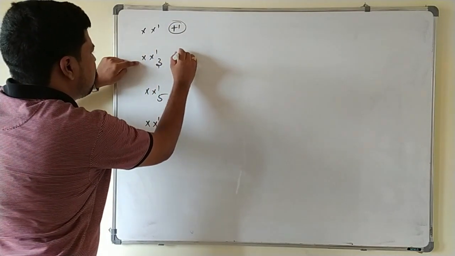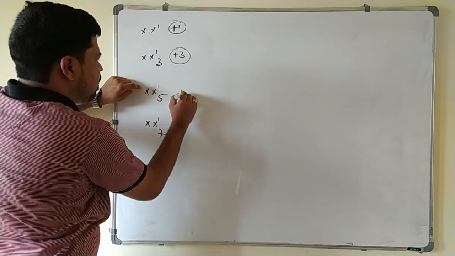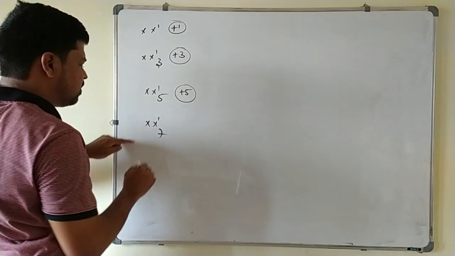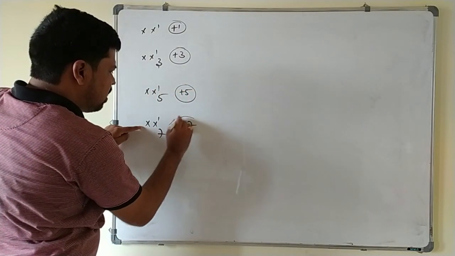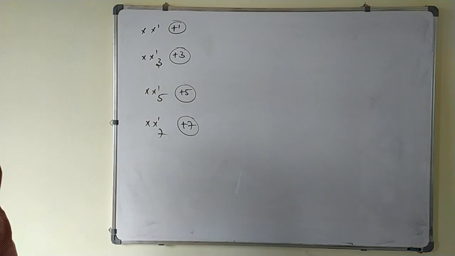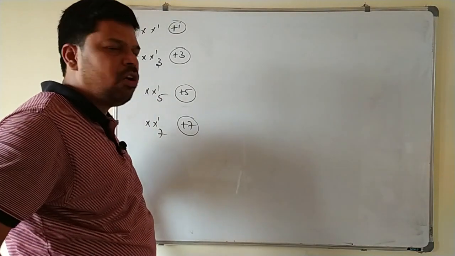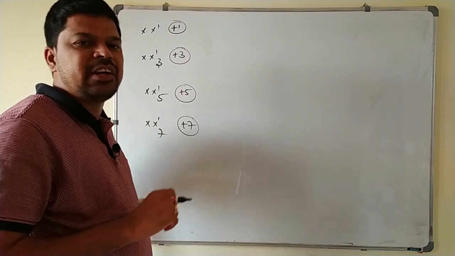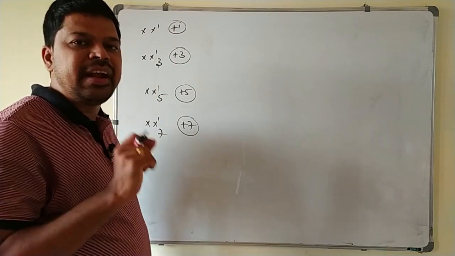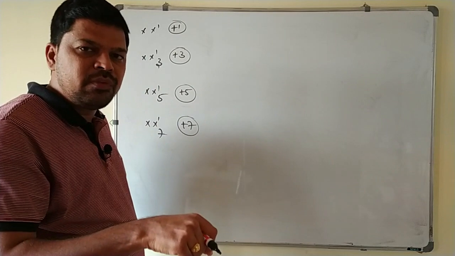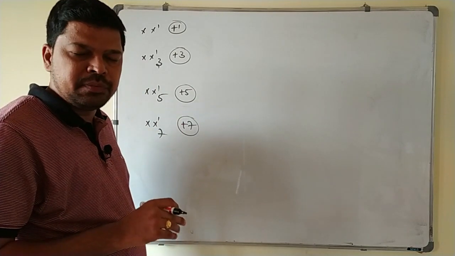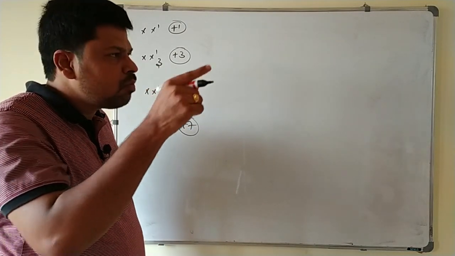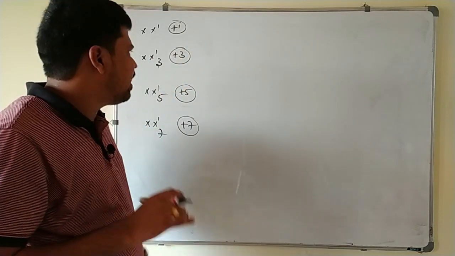Here it has +3, here +5, and in this case +7. Always keep in mind, the central atom is the larger halogen atom which is less electronegative, and the surrounding atoms must be smaller and highly electronegative. The smaller the size of the surrounding atom, the more the number of surrounding atoms.